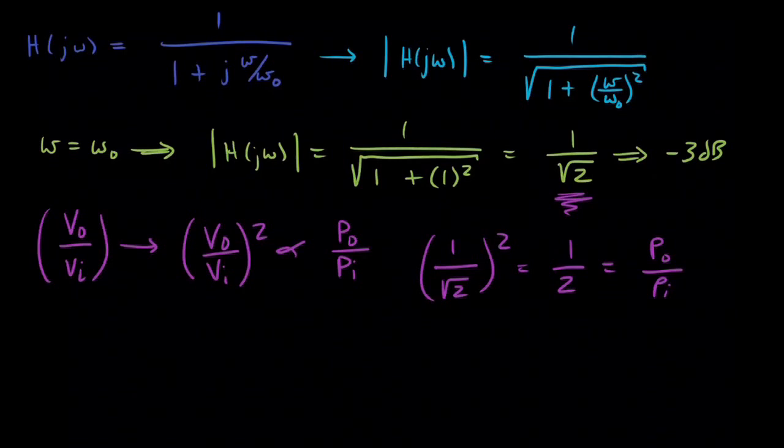So 1 over root 2 as a voltage ratio, or negative 3 decibels, corresponds to P out over P in equal to 1/2, which is the half power frequency. So typically the cutoff frequency for a filter circuit is defined as the frequency at which the output power is 1/2 the input power. What that means is the output voltage is going to be 1 over root 2 times the input voltage, or 0.707 times the input voltage. So that's where that comes from.